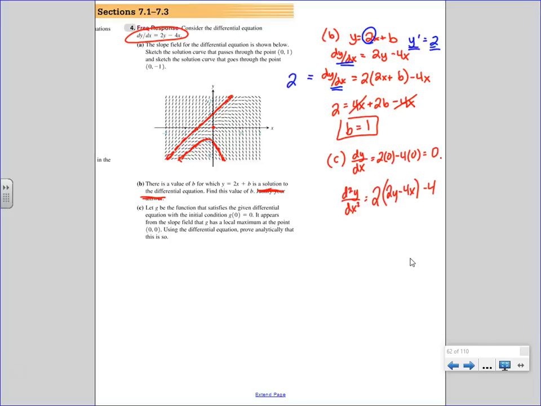Now it's time for us to plug in, right? And the reason we're doing this is because anything else would be experimental, and that wouldn't be definite. If I plug in 0, 0, don't I get negative 4? How do I put those clues together?